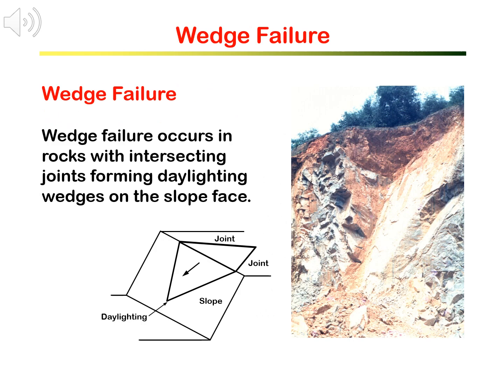Rock mass usually contains two, three, or more joint sets. Those joint sets cut the rock mass into wedges and blocks. As shown on the slide, a daylighting wedge is formed by two joints cutting the rock on the slope.